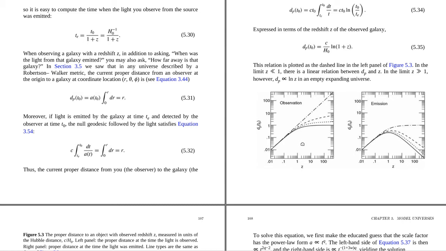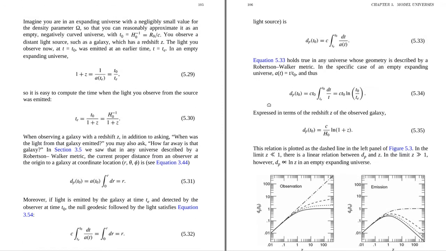Now, of course, this brings up the question: if this is the current distance, what was their distance at the time of emission? And you can answer this question by looking at how the proper distance changes, like the scale parameter, and the scale parameter changes as 1 over 1 plus z. Again, if you go back to this expression of 5.29, this 1 plus z is actually a at t naught, which is by definition 1, divided by a at te.